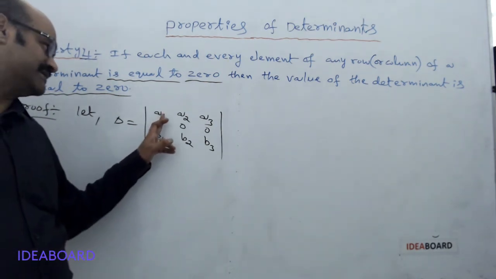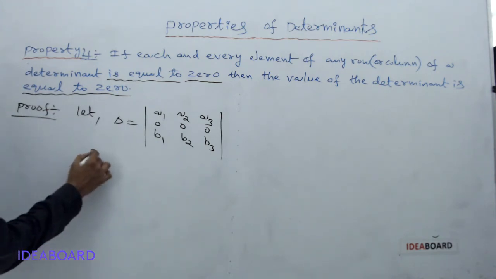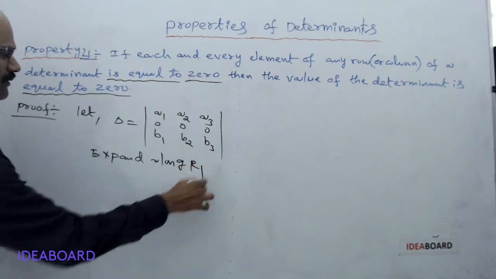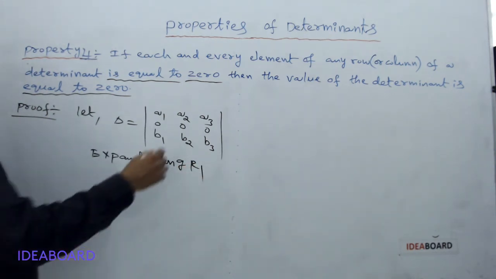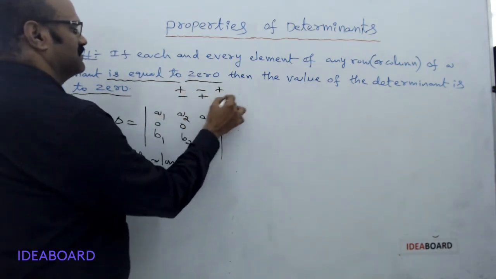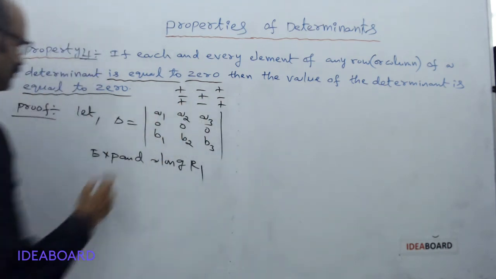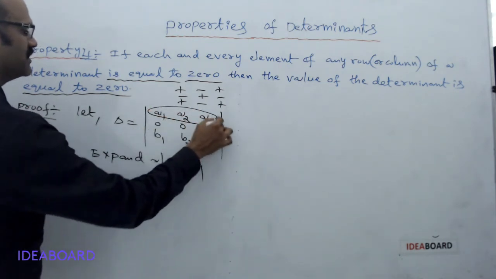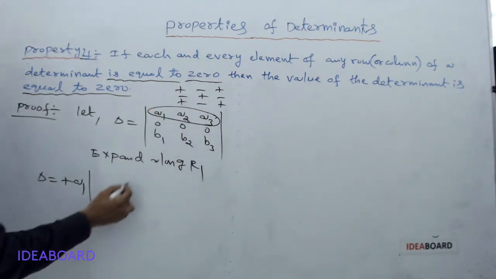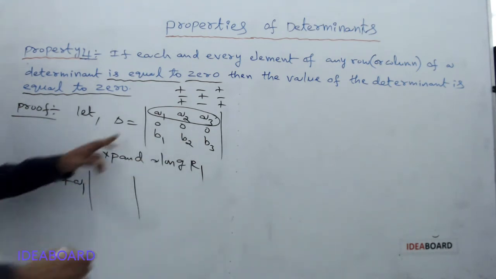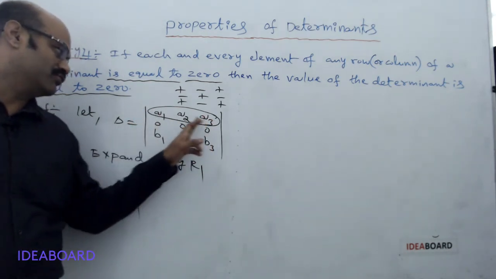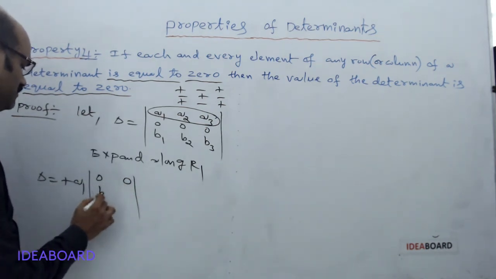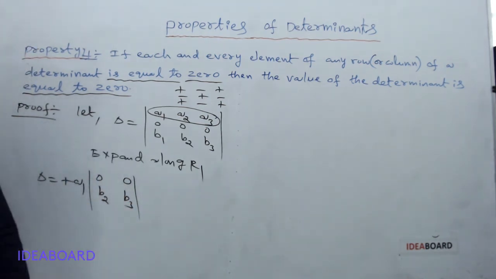Now expand along R1. We have the signs plus, minus, plus. So delta equals plus a1 into the determinant of, removing the first row and first column, the four elements 0, 0, b2, b3.